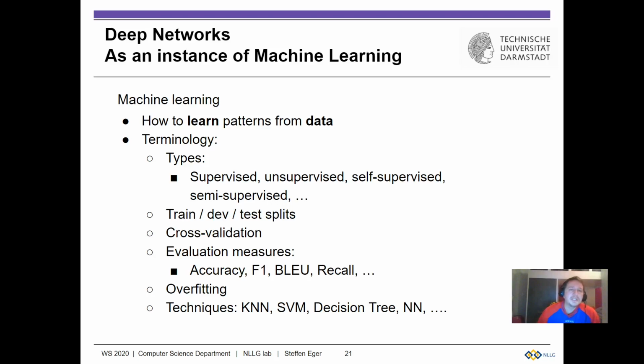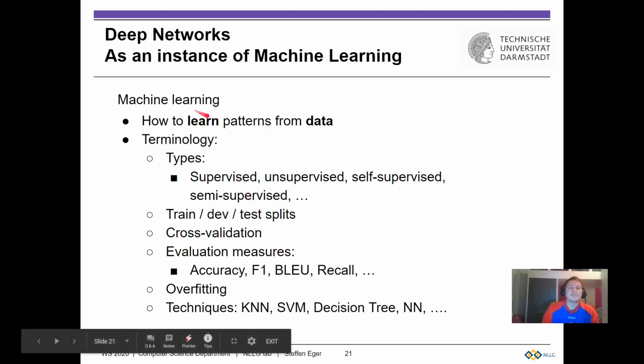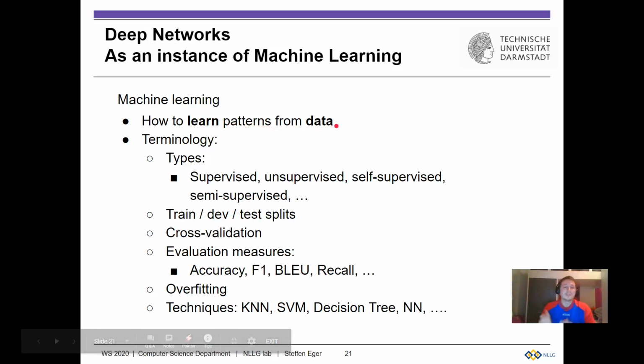Now, as I've already indicated, deep neural networks are an instance of machine learning, and machine learning could be characterized as the field that is trying to learn patterns from data. So we have data, these data examples, and I want to learn somehow how to map, let's say, the input to the output, right?